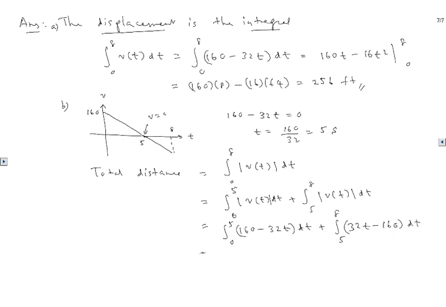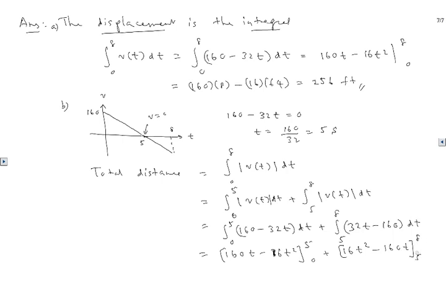Okay, now we're going to integrate this one. So here it is 160t minus 16t squared. This you can evaluate at 5 and 0, plus here it is 16t squared minus 160t. You can evaluate this one at 8 and 5.